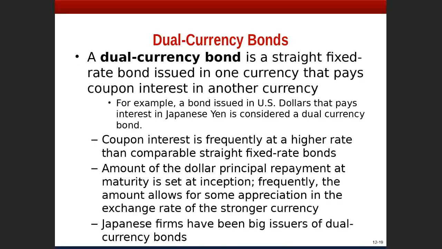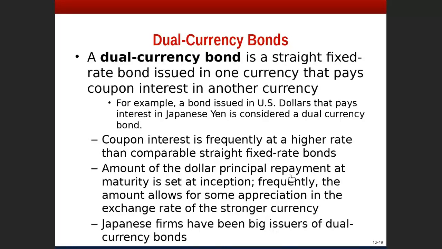Another type of instrument found in the bond market is a dual currency bond. A dual currency bond is a straight fixed rate bond issued in one currency that pays coupon interest in another. For these bonds, coupon interest is frequently at a higher rate than comparable straight fixed rate bonds.